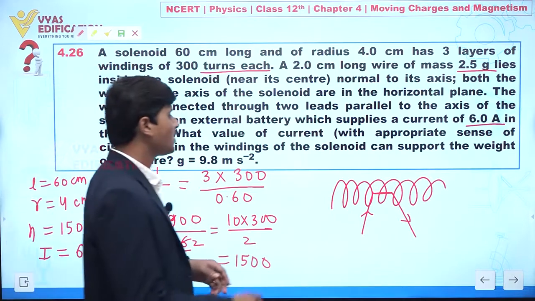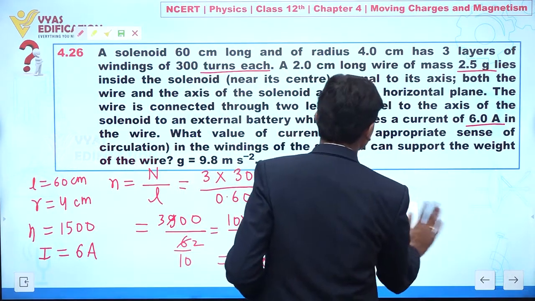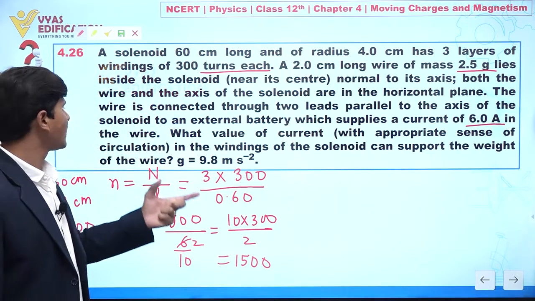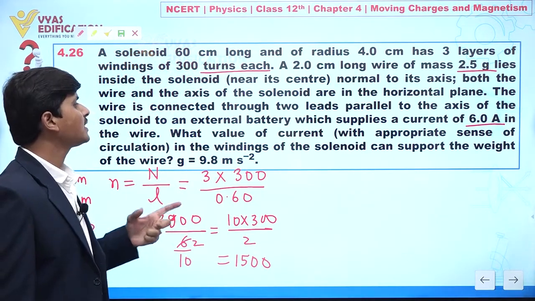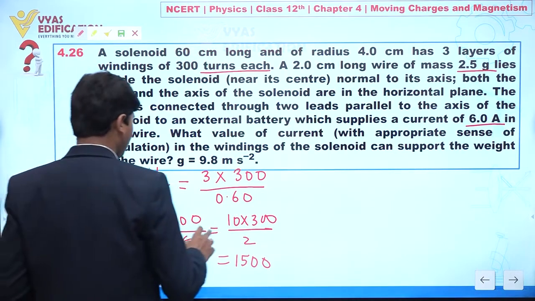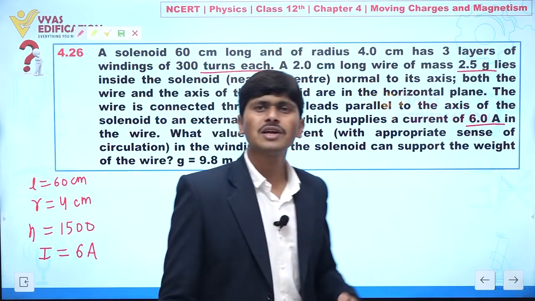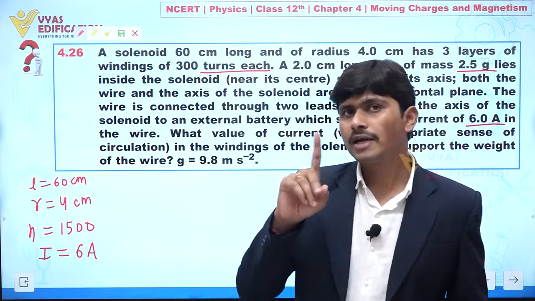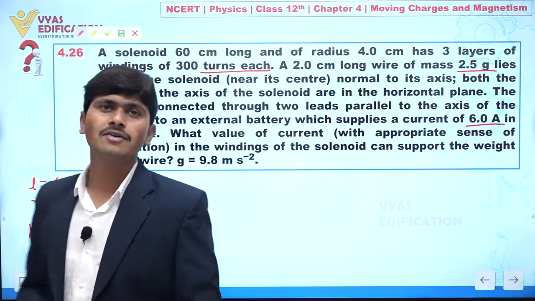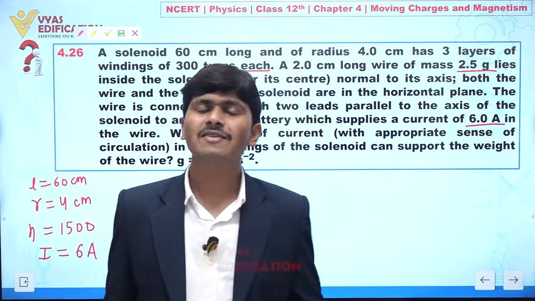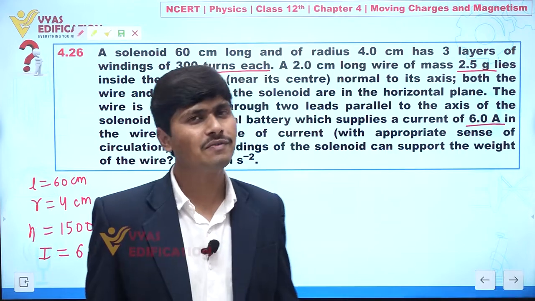What value of current in the windings of a solenoid can support the weight of a wire? Now listen carefully. Current is flowing in a wire, and whenever a current carrying wire is placed in a magnetic field, it will feel a force.